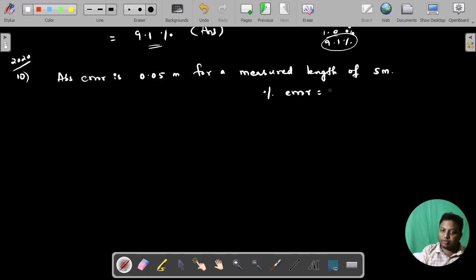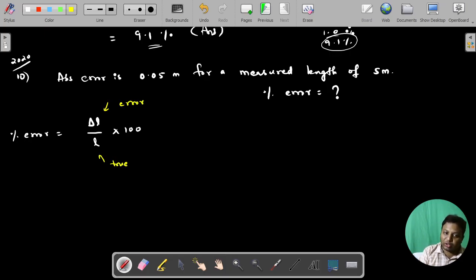They are asking us to calculate the percentage error. Percentage error means the error in measurement of length divided by the true value, multiplied by 100. This is the error while measuring the length, and this is called the true value.